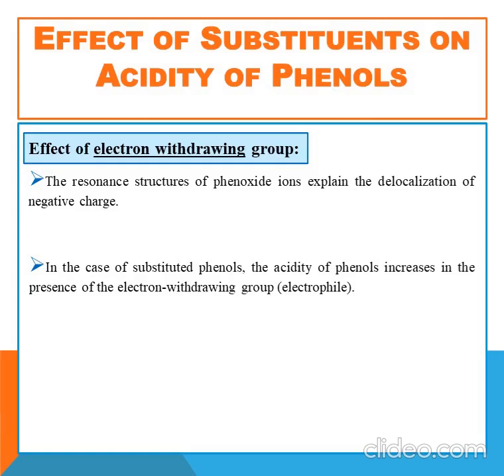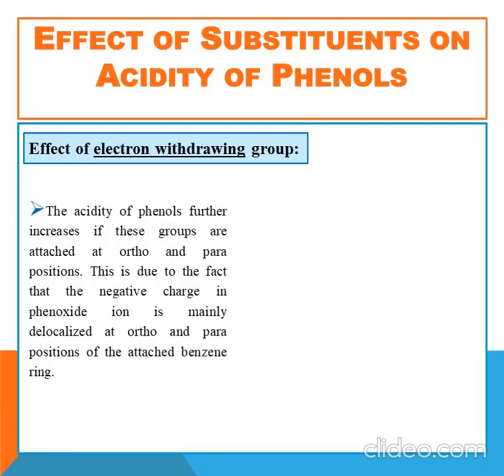It will take away the electrons from the phenyl ring. Once the phenyl ring is electron deficient, it will try to grab more electrons from the phenoxide oxygen. Whatever lone pairs are remaining in the phenoxide oxygen are taken up by the phenyl ring, and as a result oxygen will become more positive. Once it becomes more positive, acidity will increase. This is due to the stability of the phenoxide ion generated.